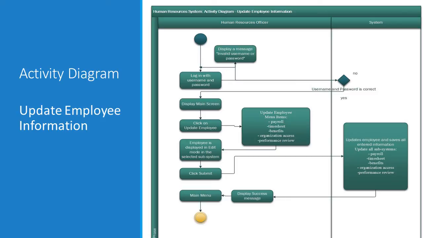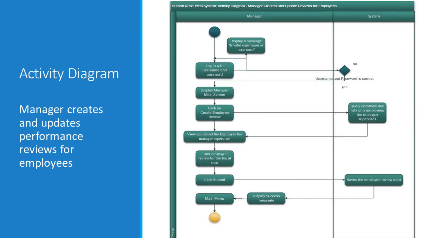Very well. Now we went through two activity diagrams. I have another activity diagram that is a little bit different, because the actor in this workflow is actually the manager. It's about how a manager creates and updates performance reviews for employees.